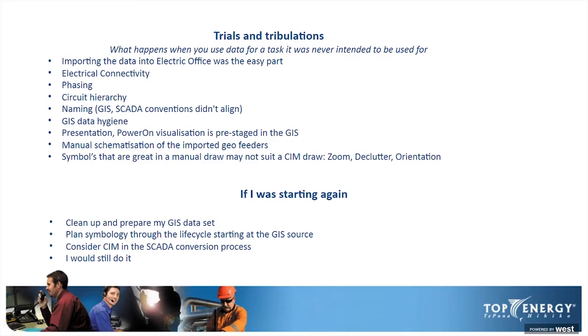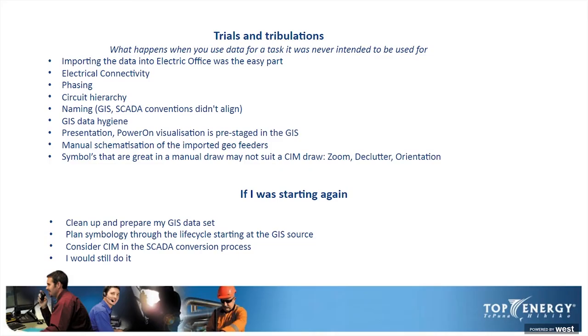And certainly the symbols that we're using in our network, if we had designed them properly for a GIS integrated thing, then we would have had them set up, because their presentation, orientation, scale, zooming, declutter, all of those things are different, because the scale factors are different between your geo worlds and your schematic worlds. So there's a lot of things to be resolved going through.